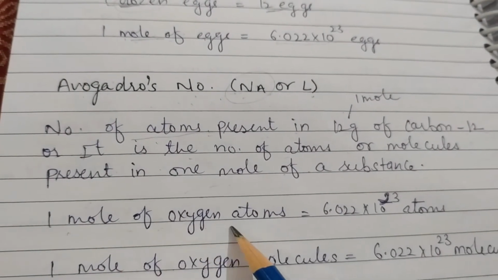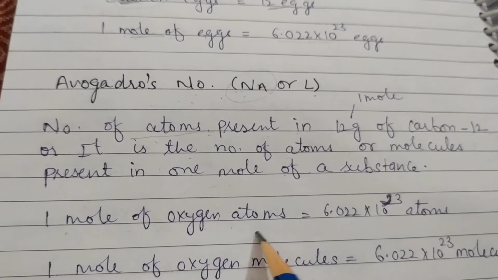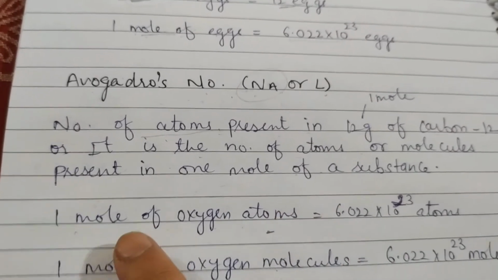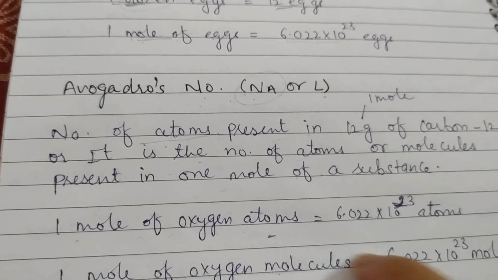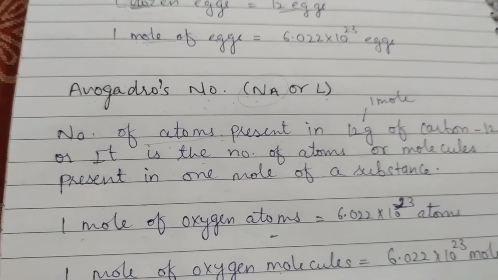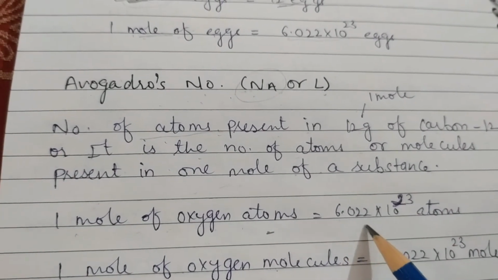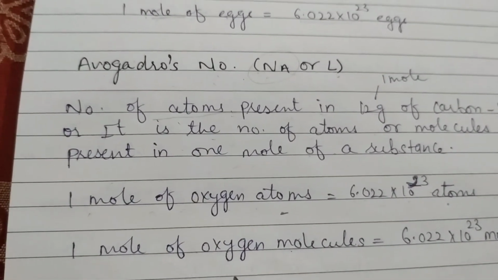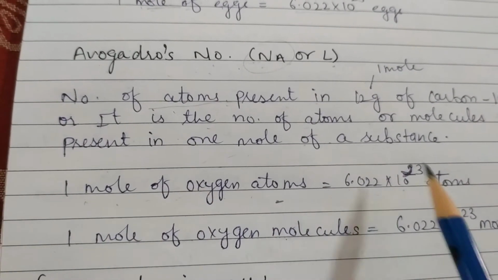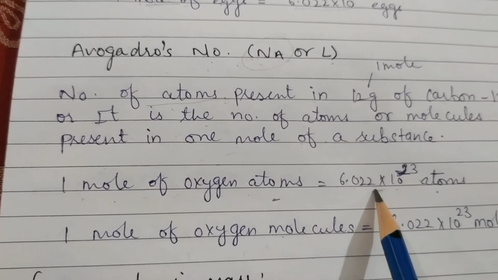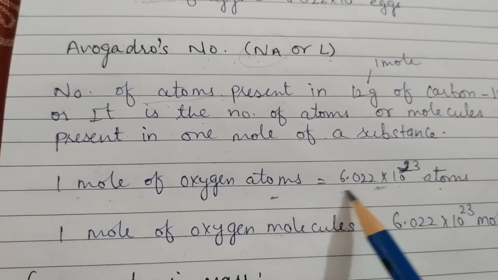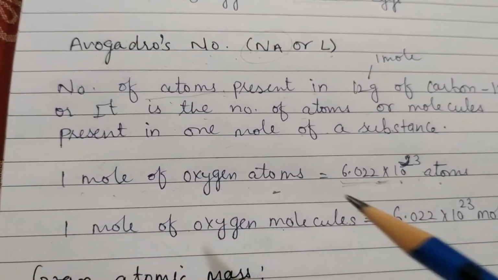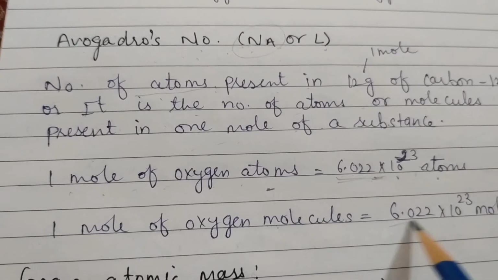1 mole of oxygen atom, we are talking about oxygen atoms here. So how many atoms will 1 mole of oxygen atom consist of? It will be equal to 6.022 into 10 raised to power 23 atoms, right? Likewise, because we know that 1 mole is equal to, if we are talking about atoms, it will be equal to this number of atoms, and if we talk about molecules, it will be equal to this number of molecules.